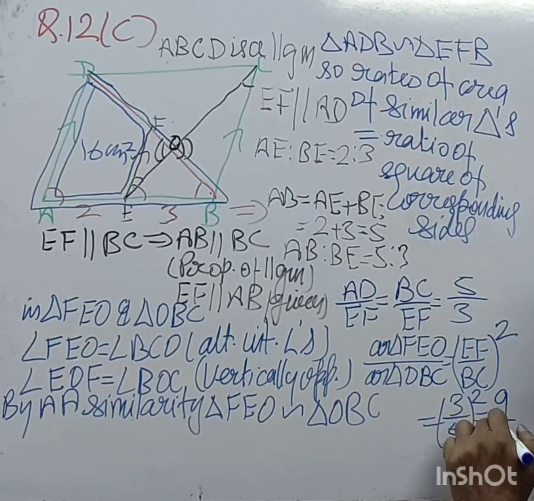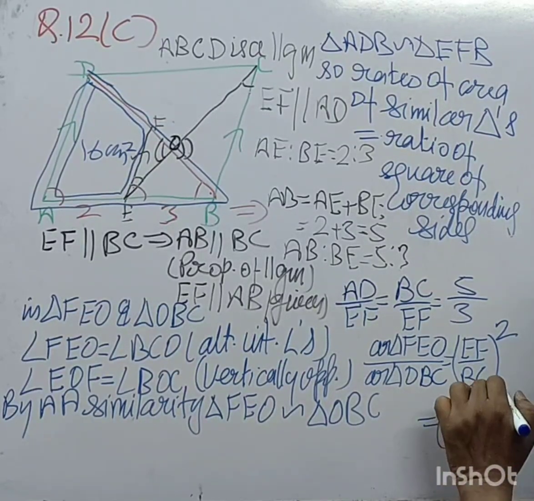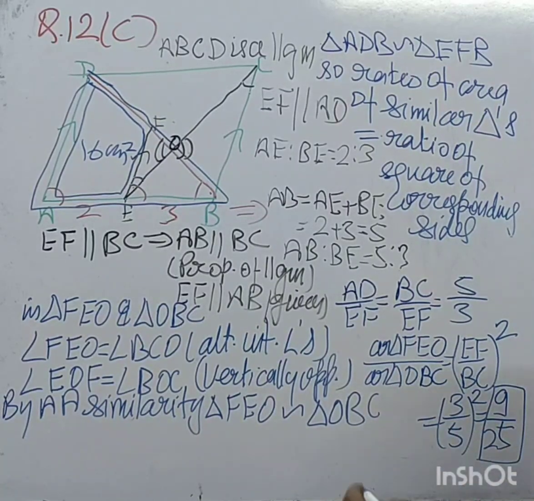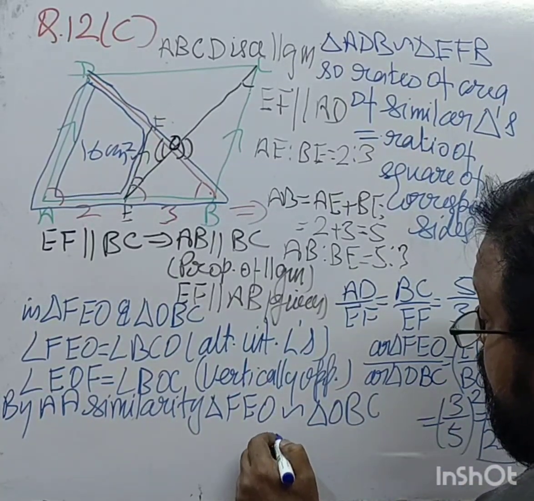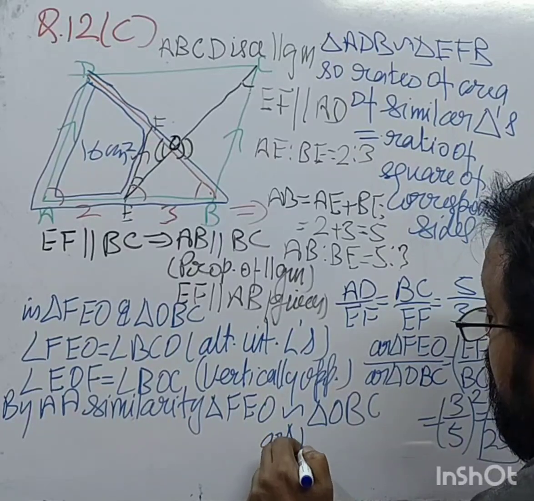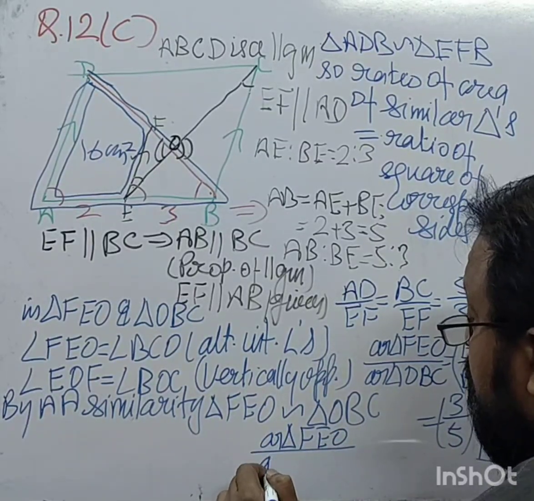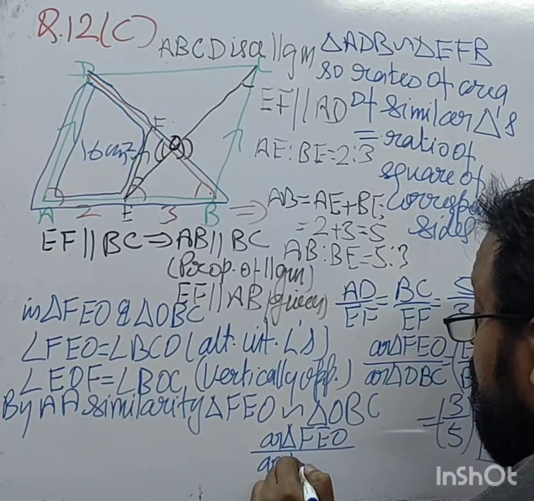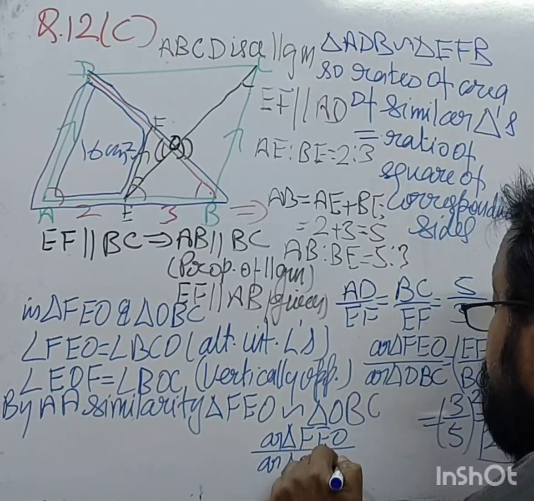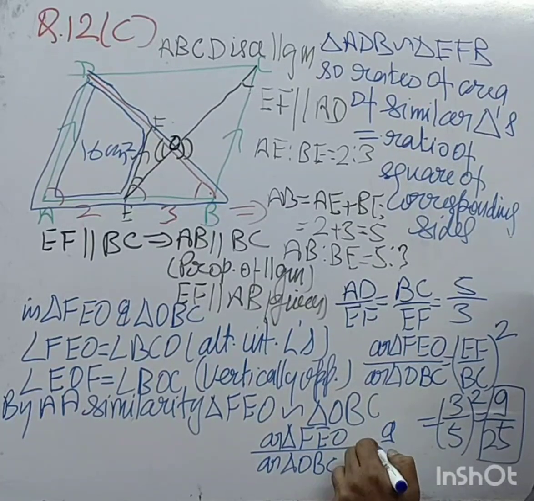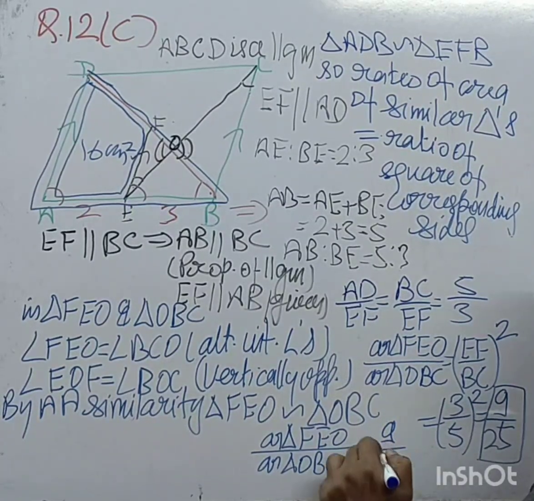So it is 9/25. You get this? So area triangle FEO upon area triangle OBC is equal to 9/25.